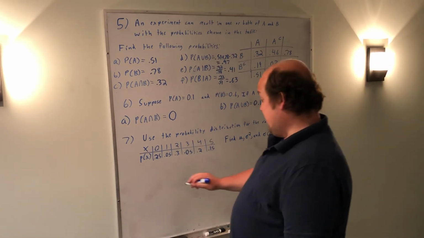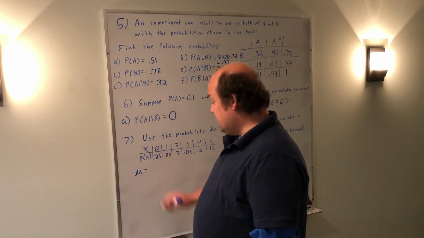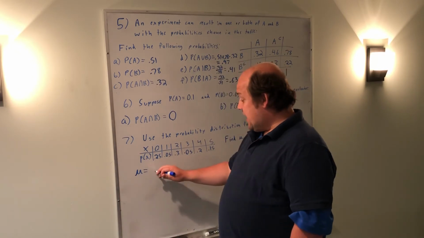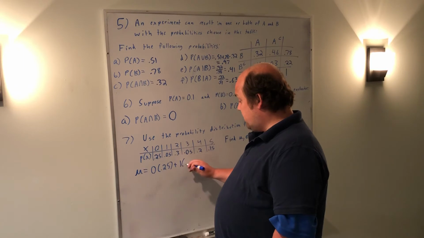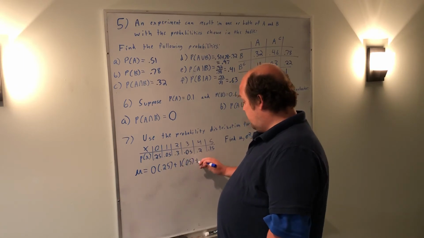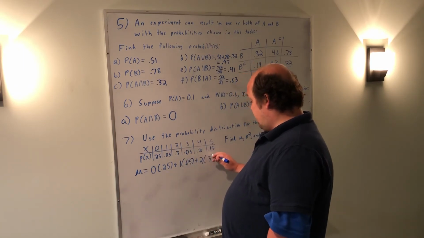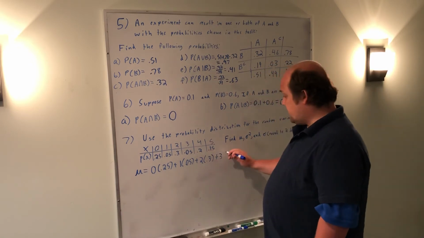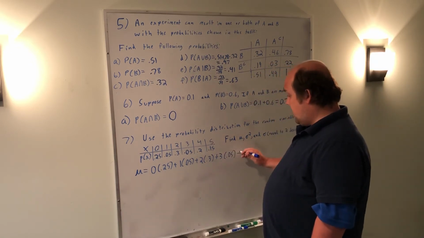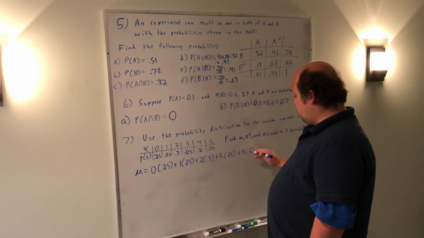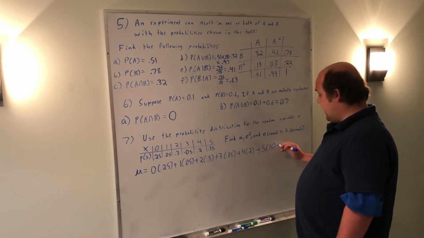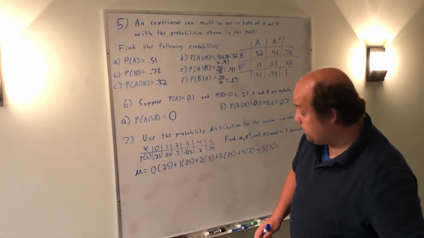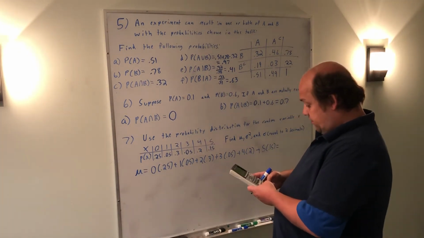That said, when I go to find the mean, I need to use my formula that says x value times its probability, plus next x value times its probability, plus next x value times its probability, and keep going until I've gone through every possible x value that this distribution can take on. I want to put it into my calculator just like that with the parentheses.